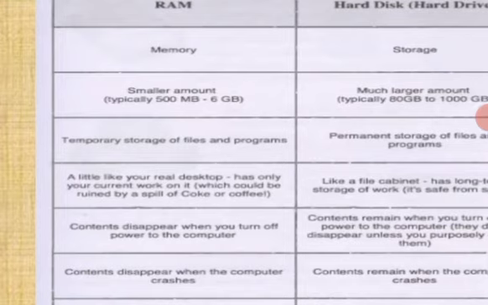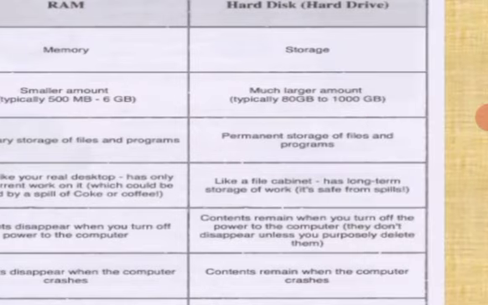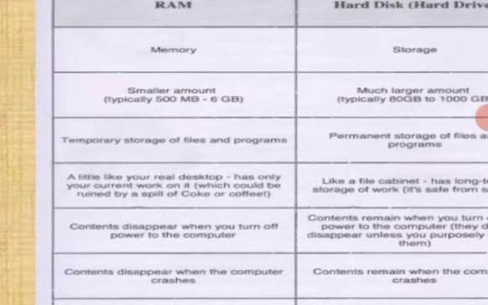RAM consists of chips, microprocessors, while a hard disk consists of platters. In a RAM, when you want to use a program, a temporary copy is put into RAM, and that's the copy you use.